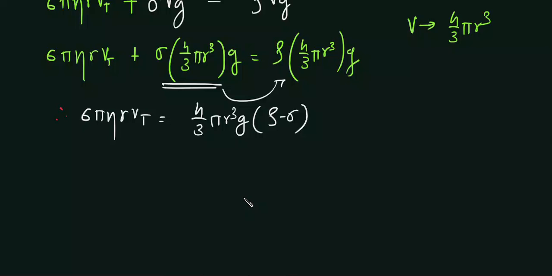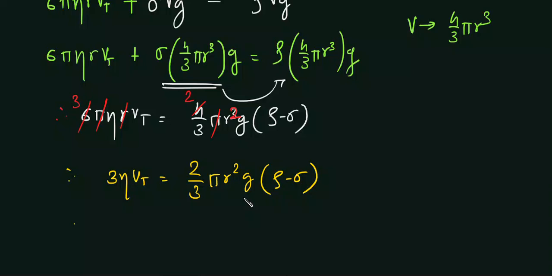So this pi gets cancelled out, and r becomes r square. If you divide, 2 threes are 6, 2 twos are 4, and finally this will become 3 eta Vt is equal to 2 by 3 r square g (rho minus sigma).